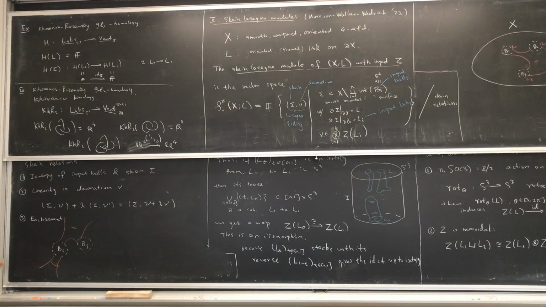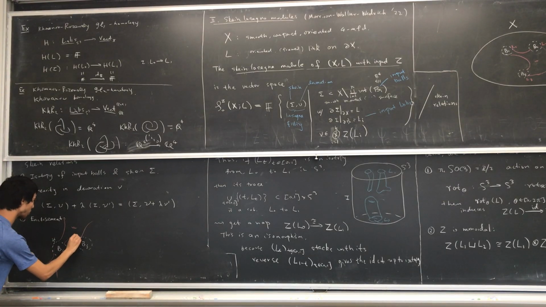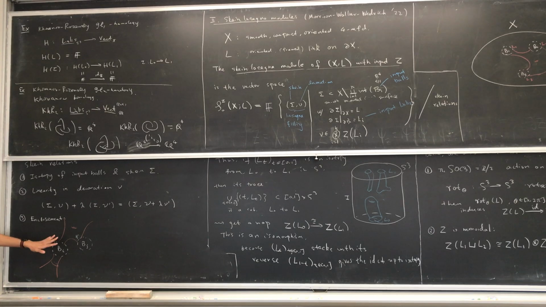So if V is a pure tensor, we can alternatively put the decorations on each of the input ball, boundary of the input ball. So I put a VI here, VJ there.